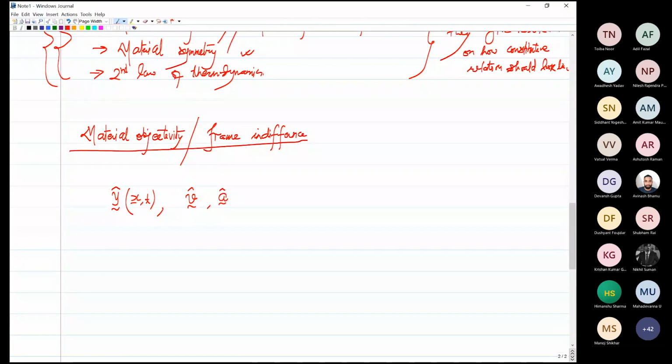So there are quantities which are indeed frame independent. Such quantities are called objective quantities. Quantities which are frame independent are called objective quantities.